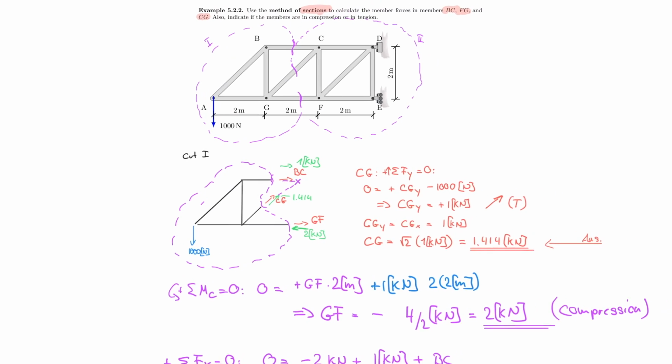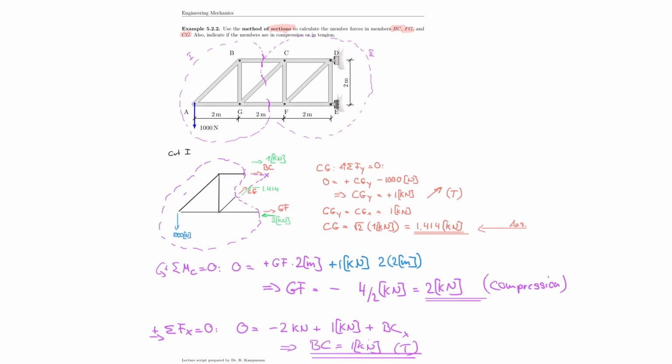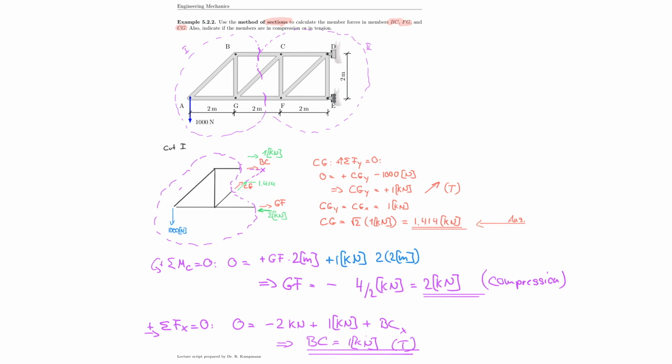So now we can look at the entire problem again. We solved for our 3 member forces here by using the cut 1. We could have used the cut on the other side, and I encourage you to do that because you probably want to be able to calculate support reactions for your upcoming exam, and you also want to be able to practice the method of sections here.